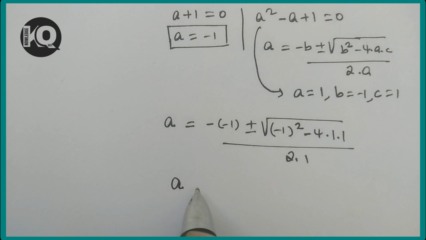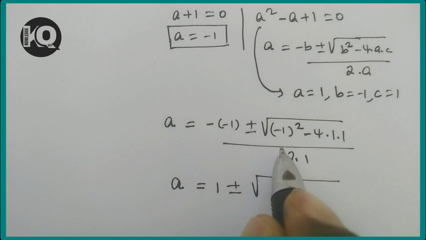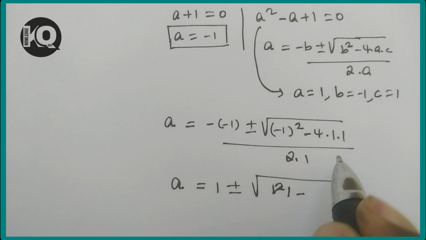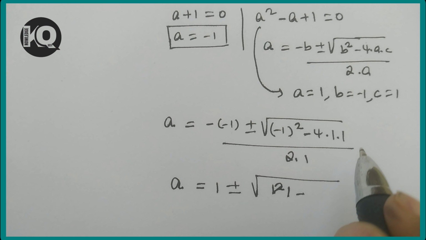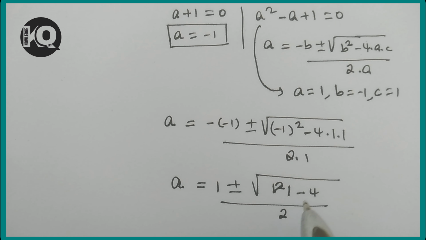So a is equal to 1 plus or minus the square root of 1 square, which is 1, minus 4 times 1 times 1, which is 4, divided by 2.